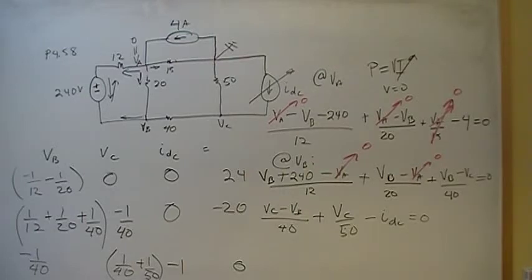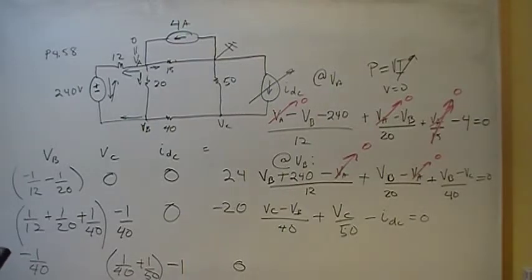Okay, so we have 3 equations and 3 unknowns. So negative 1 divided by 12 minus 1 divided by 20, 0, 0, 24.